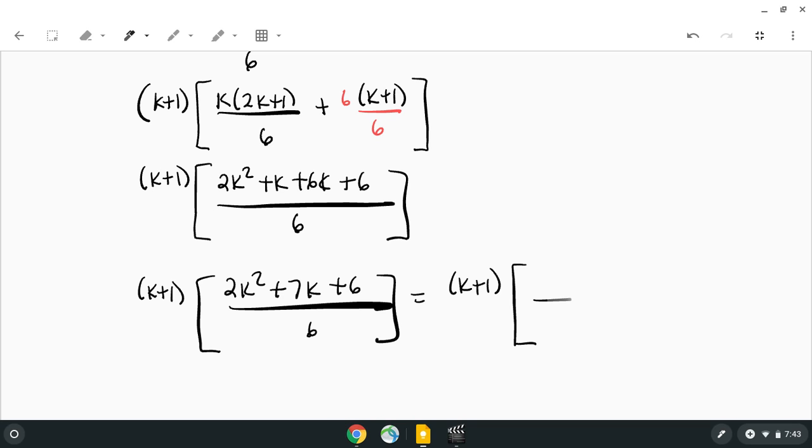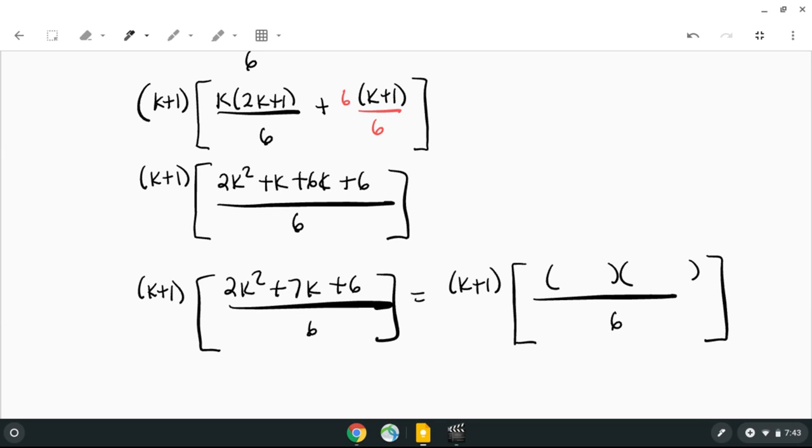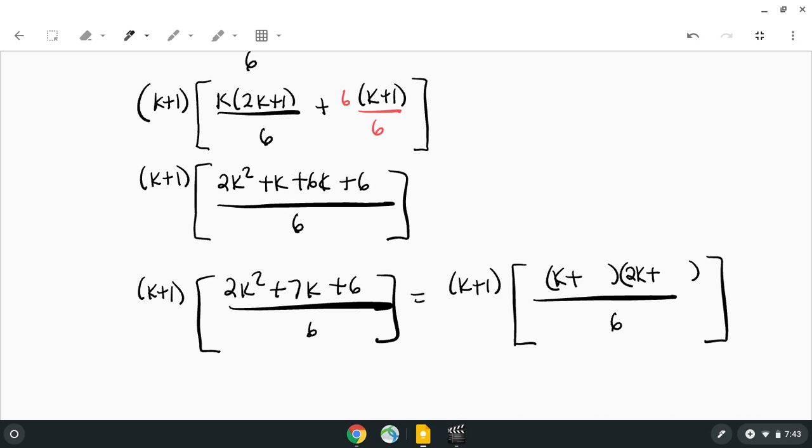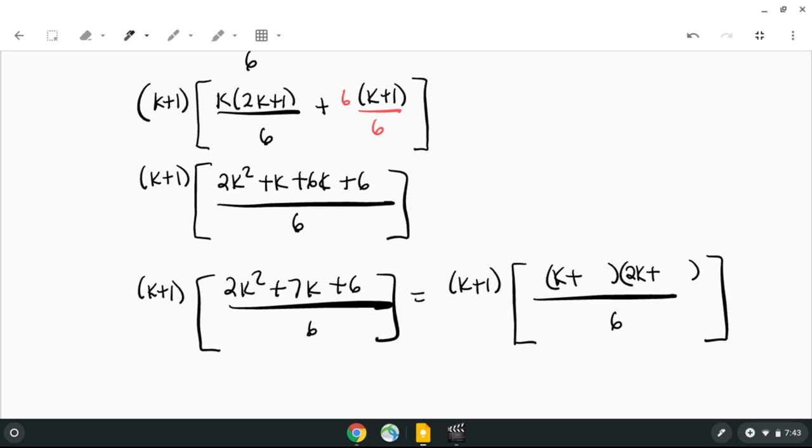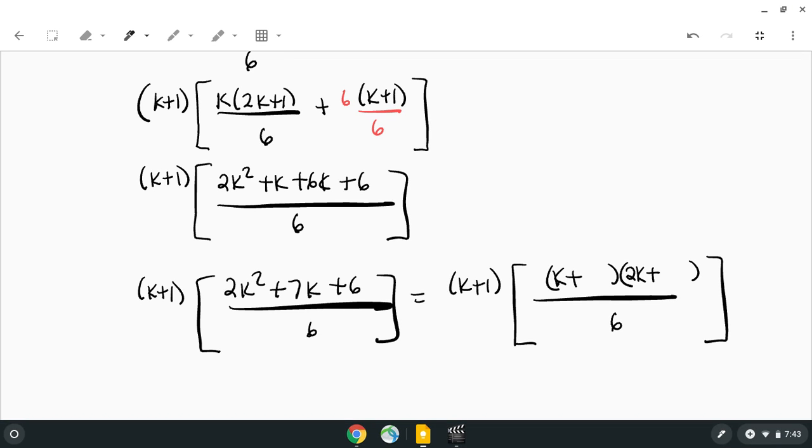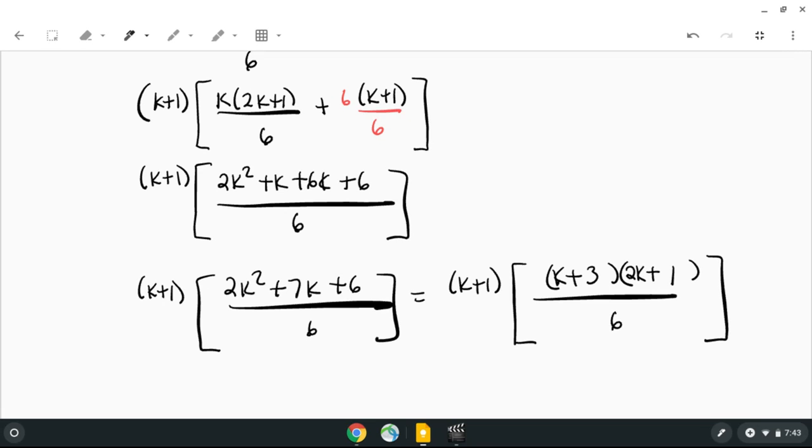All right, so 2k and a k, both of them positive. 6, a 3 and a 2. Where do I want them? 3, 4, 5, 6, 1. Okay, so we want the 3 here and the 1 here. Okay, and that will give me 7k for the middle term. Okay, so this is what I have, factored form.